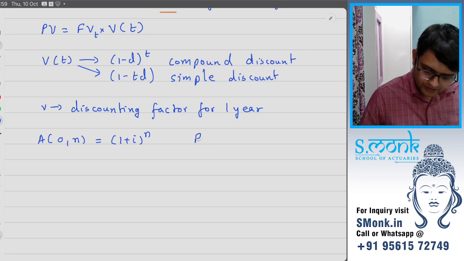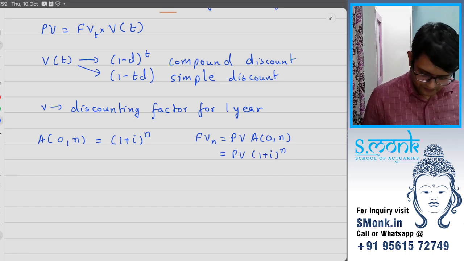We'll say the future value at time n will be present value today into accumulation factor 0 to n, which is present value into (1 plus i) raised to n.